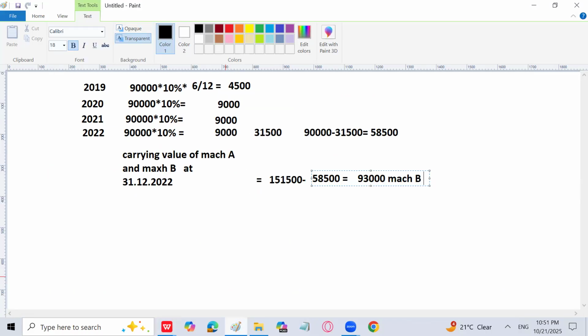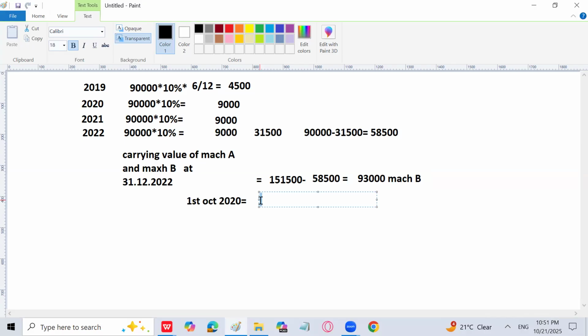Because machine B is purchased on 1st October 2020, at what price it has been purchased, we don't know. But it has been purchased on 1st October 2020, right?